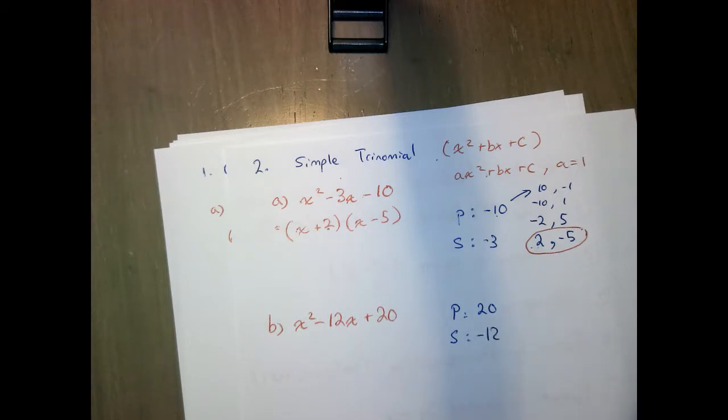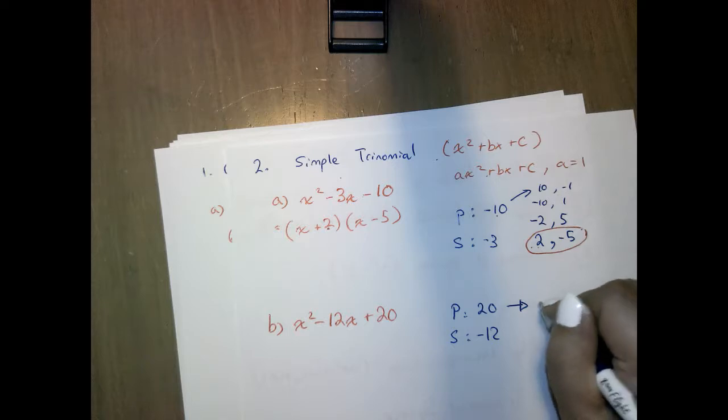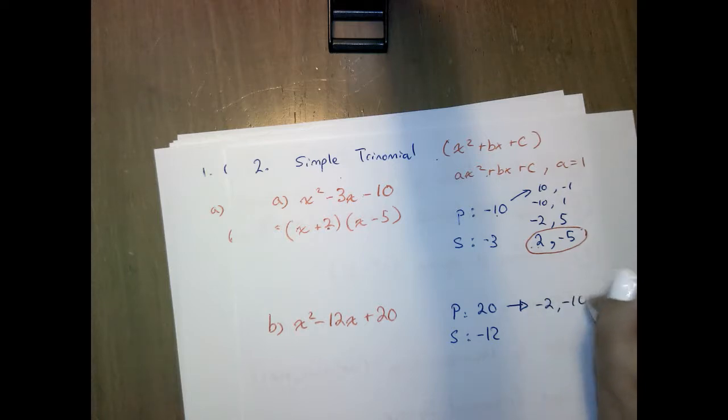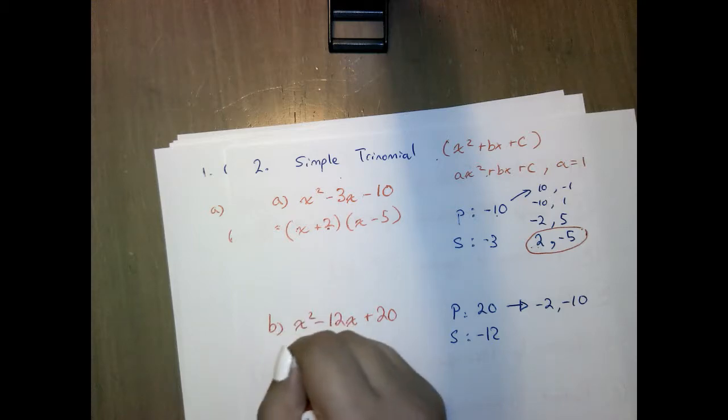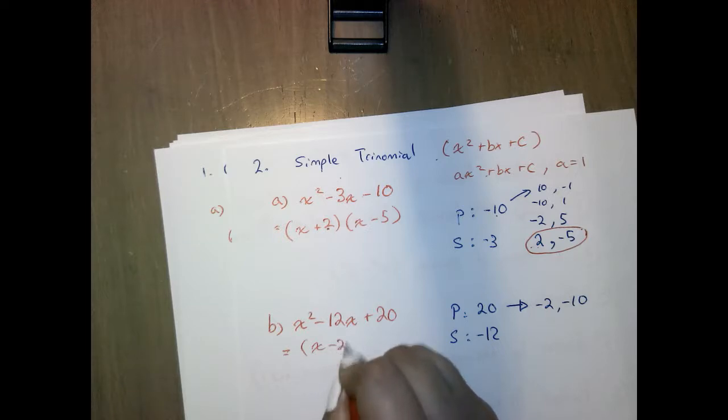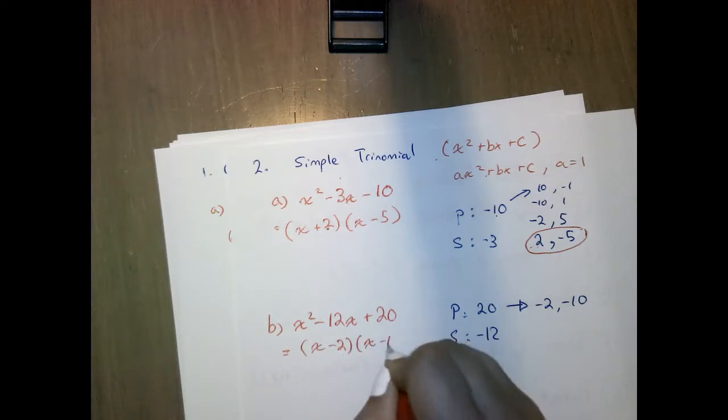I could break down 20 into all of its different factors, but when I do that, I'll find that the only two numbers that multiply to positive 20 and add to negative 12 are negative 2 and negative 10. So once I have those two numbers, I can go ahead and factor my simple trinomial. So I've got x minus 2 times x minus 10.